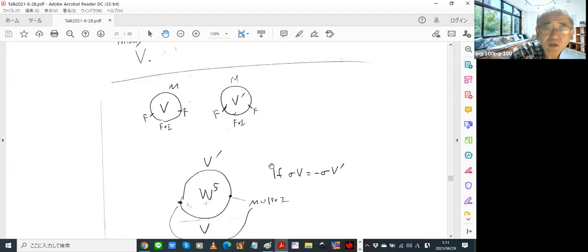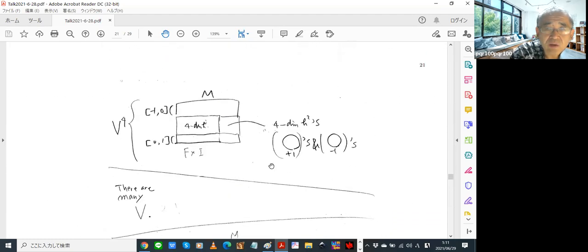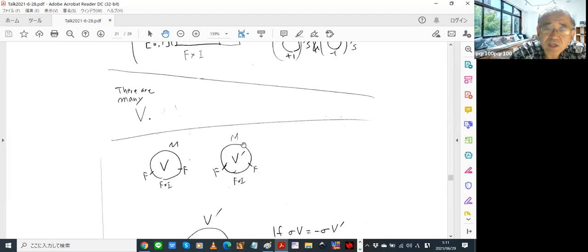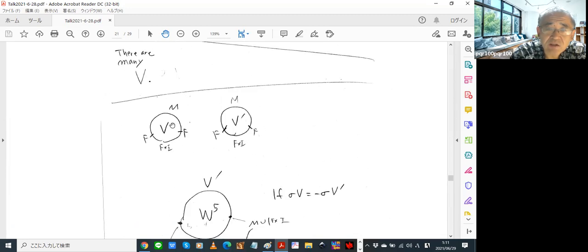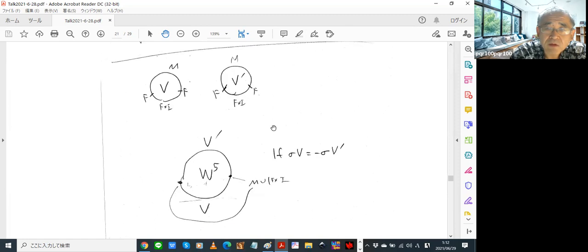First, blow up and blow down to F. Frame the link, add a +1 trivial knot and a -1 trivial knot. We can change the signature of V and V prime. We can suppose signatures are the same.